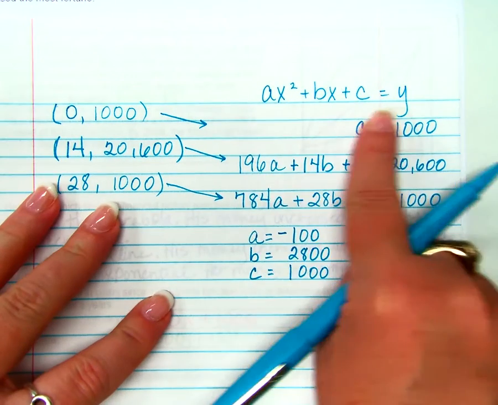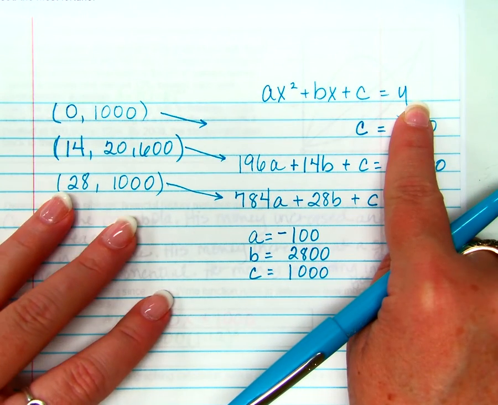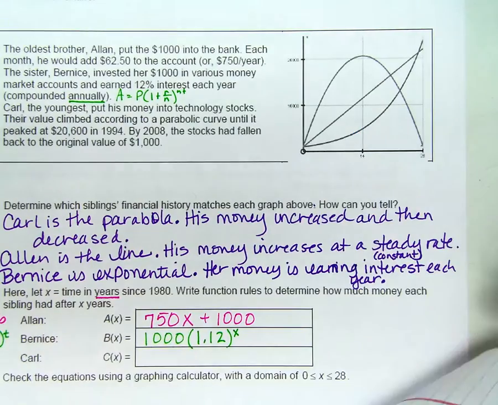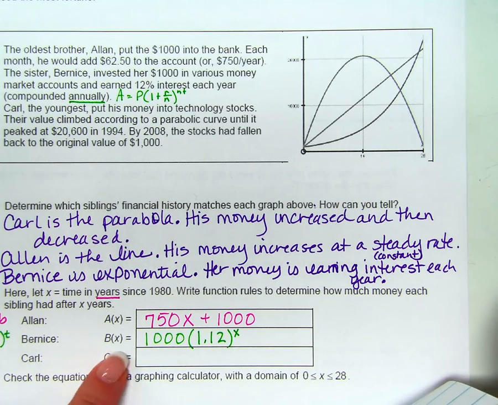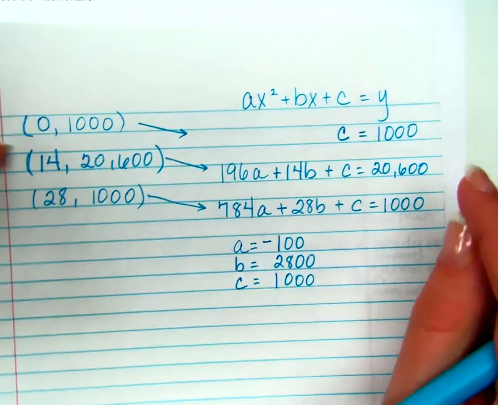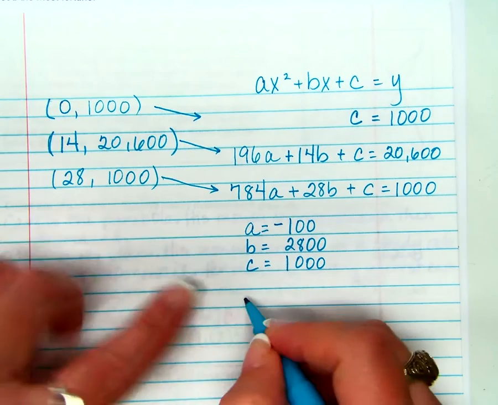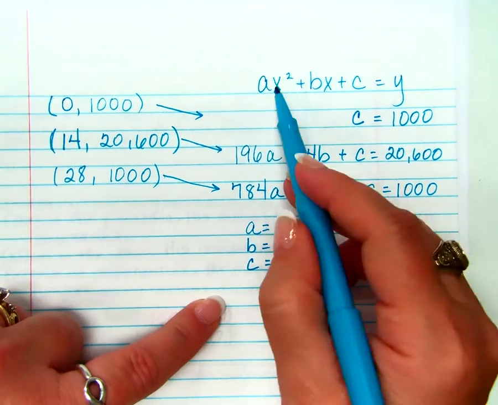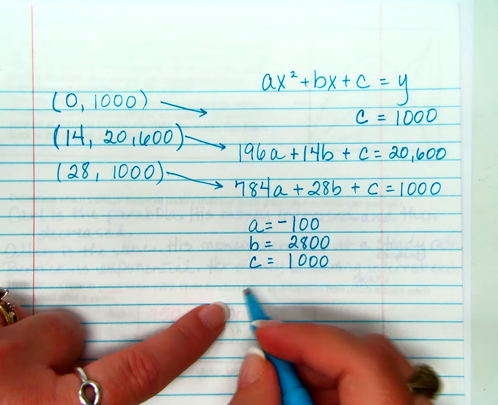Now all that's left is to write the equation. Well, all I have to do is go back up here, don't I? Now, on my worksheet, it's already C of x equals. We're trying to fill it in, so we don't need to add this y on the end, do we? Okay? So write my equation for me. Using that as my model, using this as my information, what's my equation?